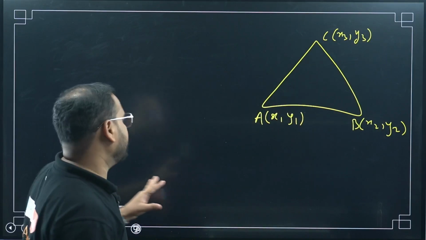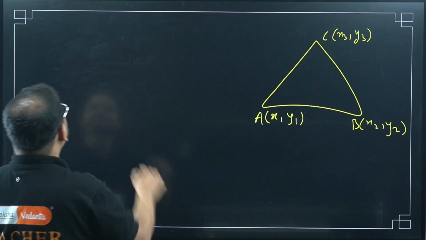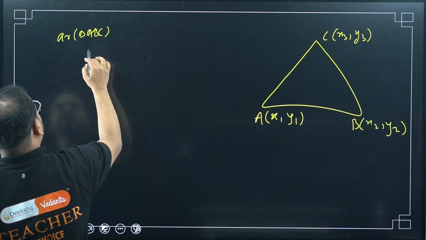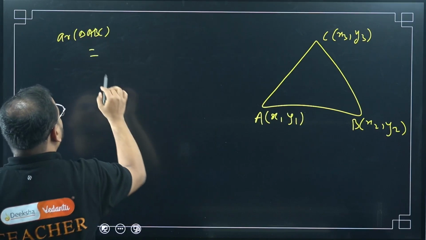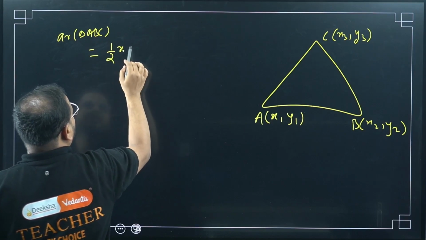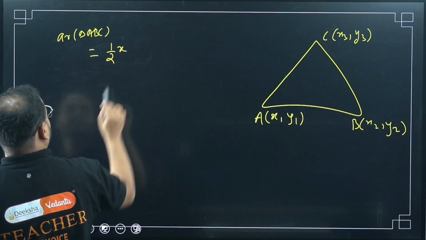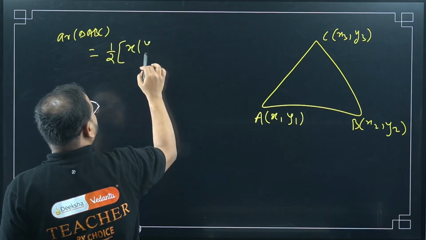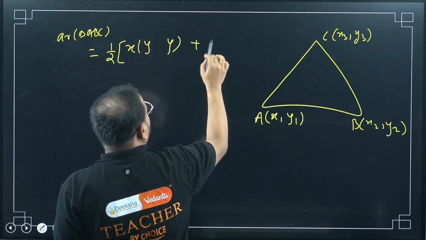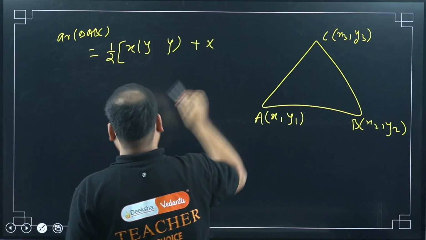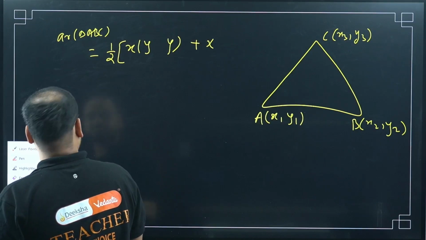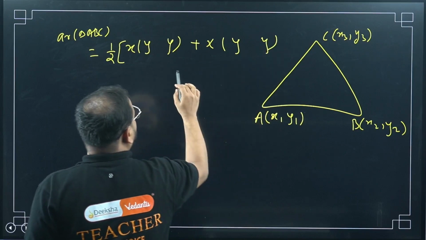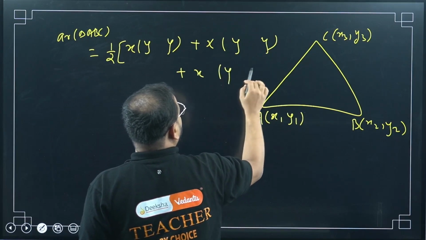Then area of the triangle will be given by, what is the formula if you remember? Area of triangle ABC, you have learnt in coordinate geometry. What was that? If you remember, 1 by 2, x1 (y2 minus y3) plus x2 (y3 minus y1) plus x3 (y1 minus y2).